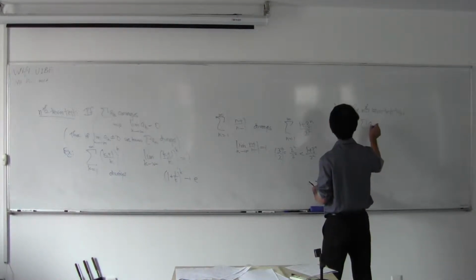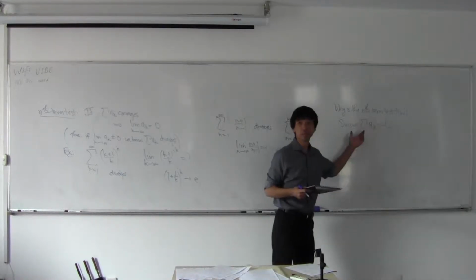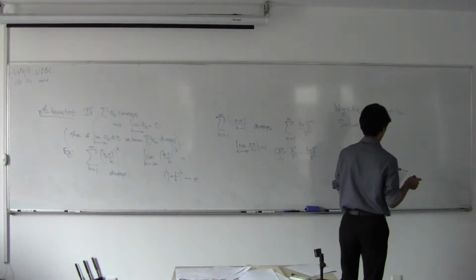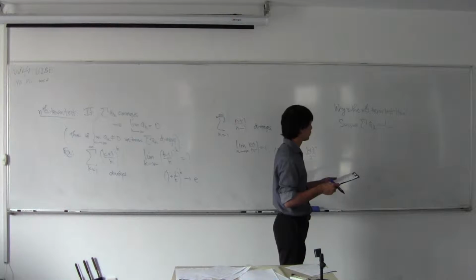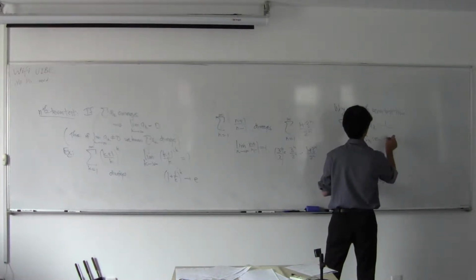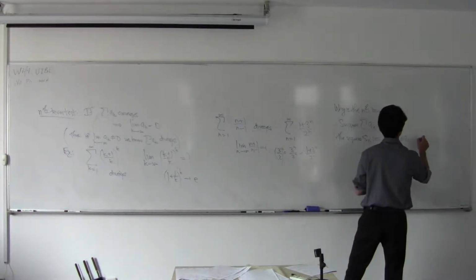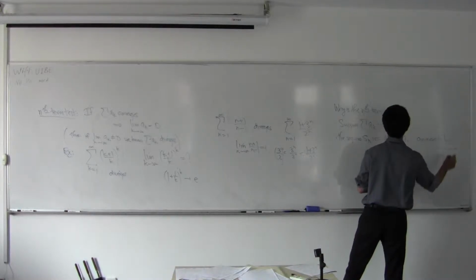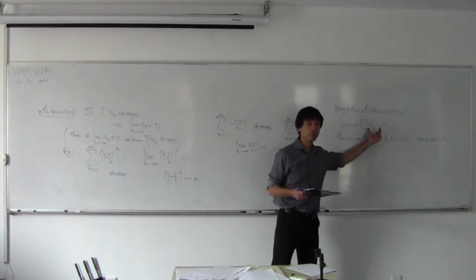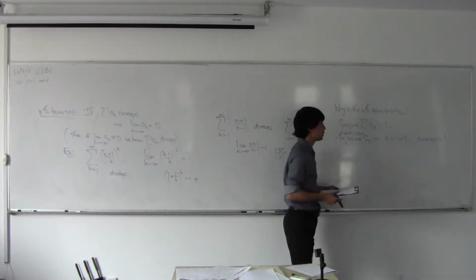Suppose your series converges to L. That's saying that S sub n, the sum from 1 to n, the sequence S sub n converges to L. For this to converge to L just means that the partial sum sequence converges to L also.